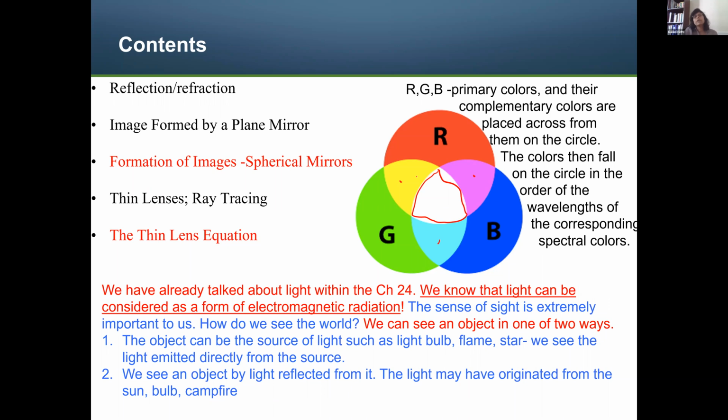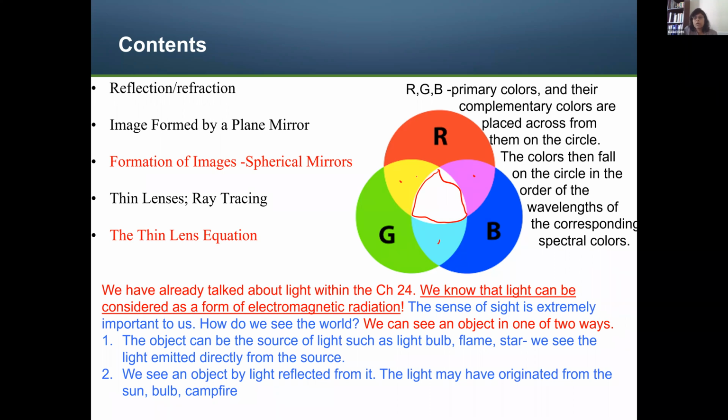As a simple example, you can see objects in two ways. One way is if you have a light source inside your home, say a light bulb. You will see the light bulb with your eyes directly, right? That is one way that you can see it. The other way: you have a light bulb and some objects inside your room.